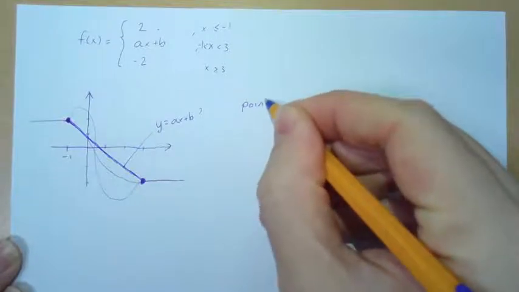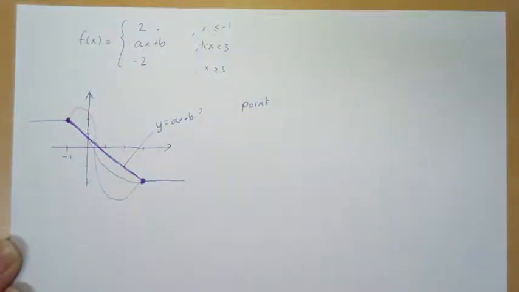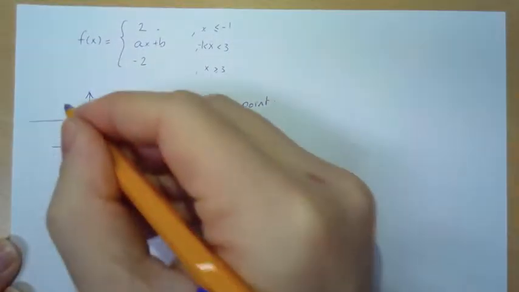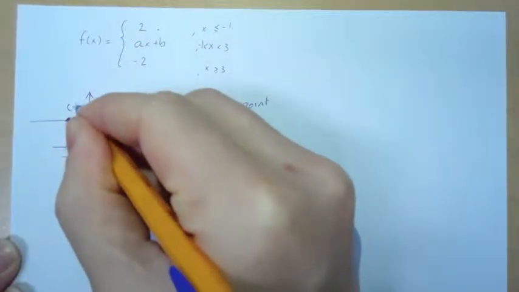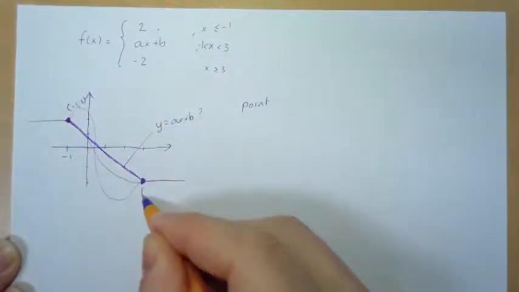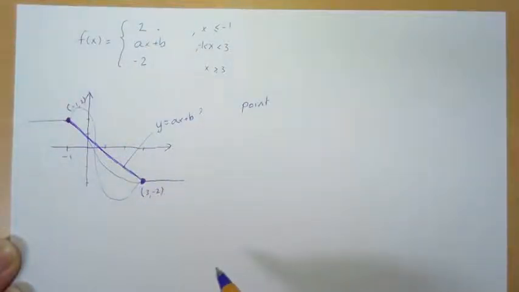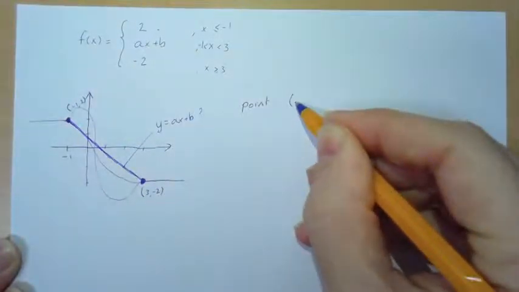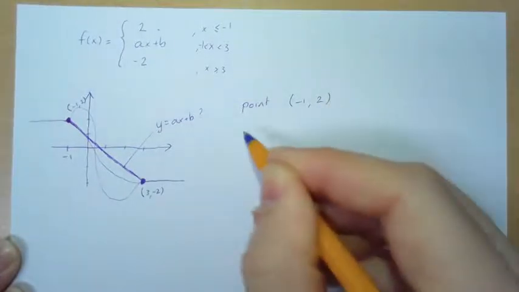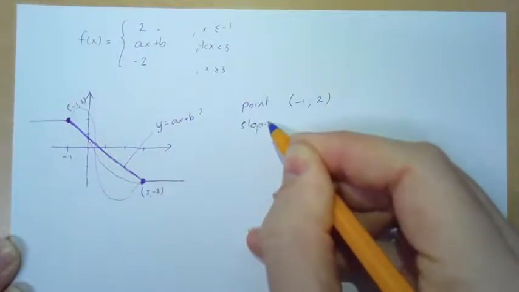We may take any of these two points that we are given. We know one here, -1, 2. We know another point down here. This is the point 3, -2. We can take whichever. I'll just pick -1, 2, and slope.